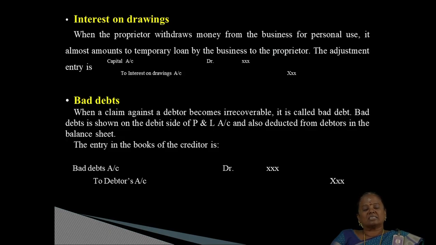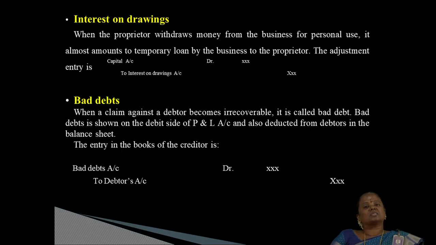On the balance sheet, from the capital, we have to deduct the interest on drawings along with the drawings, because it reduces the amount of capital contributed by the businessman. The journal entry is capital account debit to interest on drawings account.